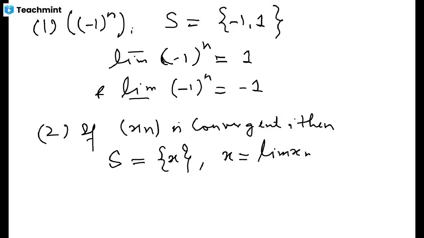Clearly this is a singleton set, and the supremum and infimum of this singleton set is the element itself. So in this case the limit superior of this sequence is x, and this is the limit inferior also.